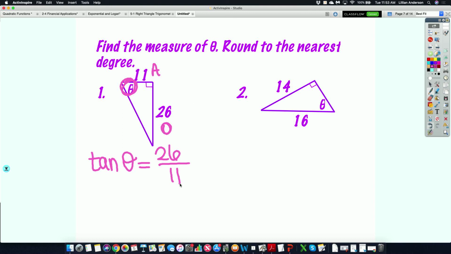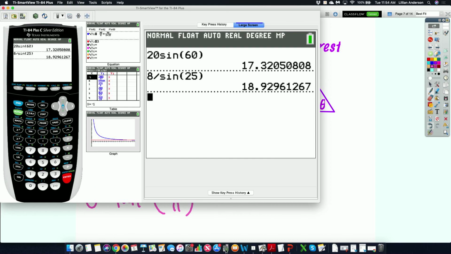Now, anytime you are looking for an angle, you use the inverse of that trig function. That is the only way to detach the trig function from the actual angle. That's written with the -1 inverse notation of that trig function, and then you type in the fraction.